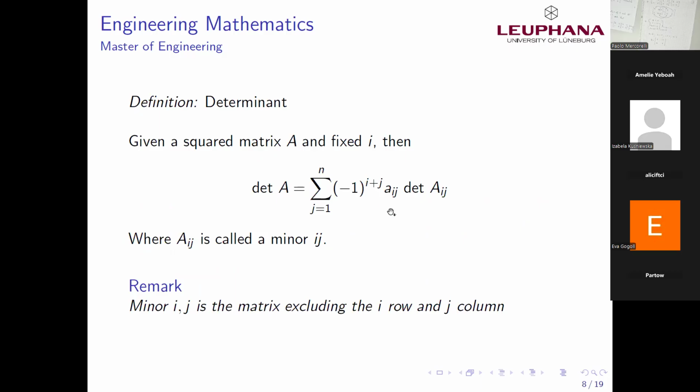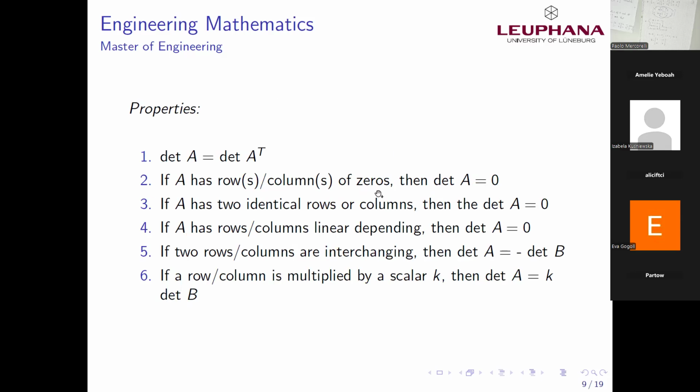In order to demonstrate the property, I have to consider the matrix A with n rows and n columns, a square matrix. If A has two identical rows or columns, then the determinant of A equals 0. This can also be demonstrated in general, but I would like to comment on this.